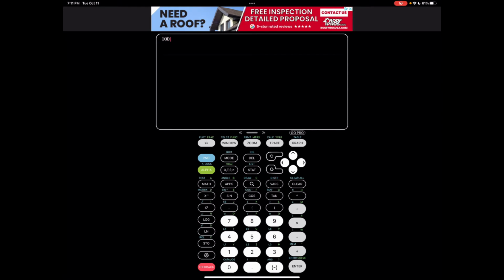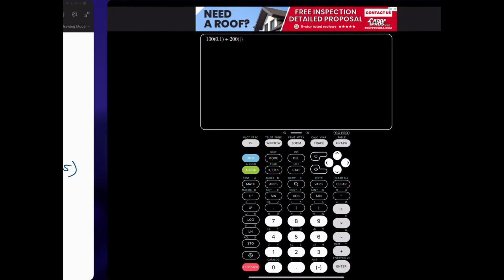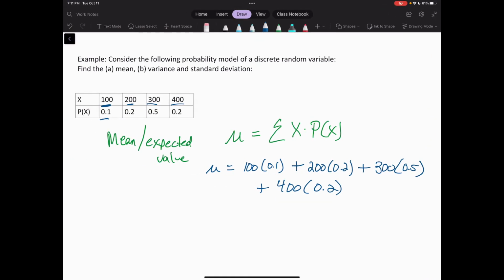We do 100 times 0.1 plus 200 times, and I forgot that probability, times 0.2 plus 300 times, I believe that was 0.5, and then plus 400 times, I believe that was 0.2. Yeah, it's got to be a 0.2. Then we hit enter, and we get an answer of 280.